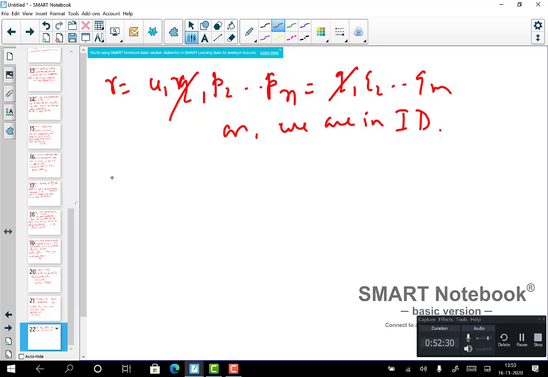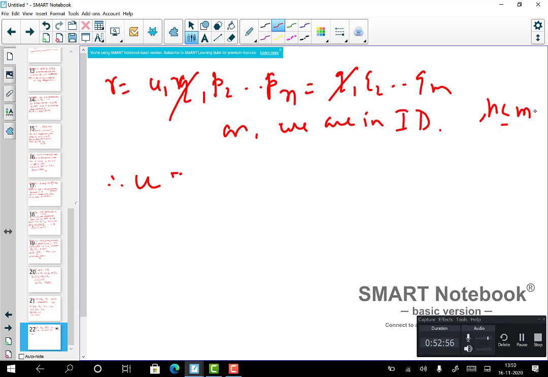So what will happen? Then we'll have u times p2 p3, and so on. So see, there are two possibilities, that n can be bigger than or equal to m also, right? So it's also possible. And so I'm assuming that n is less than or equal to m, but if we assume m is less than or equal to n, then you can do the other way.